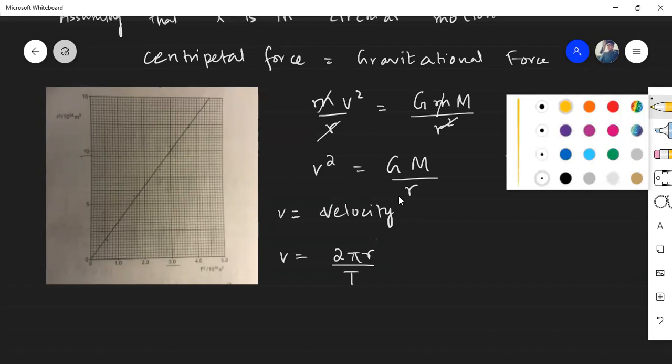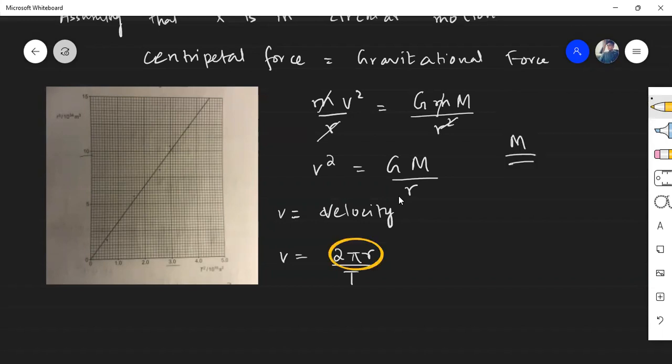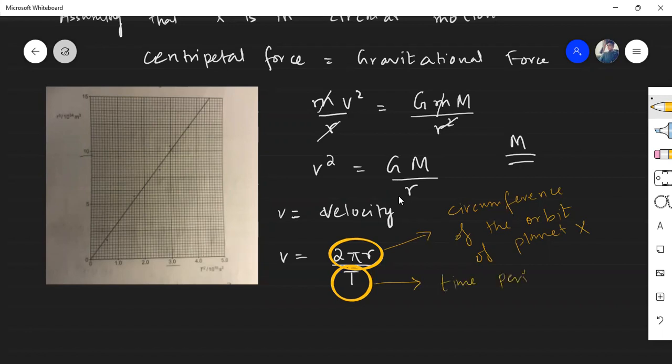This 2 pi r is the circumference of the orbit of planet X, and this T is the time period.